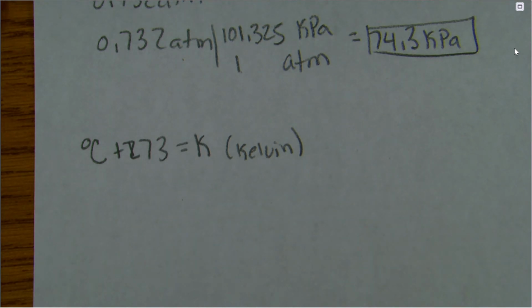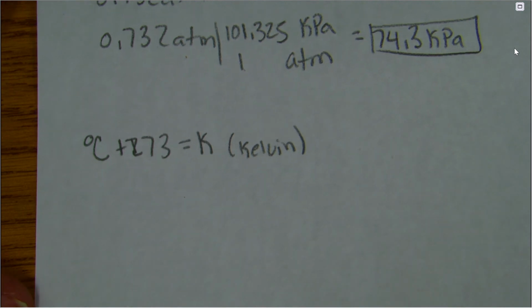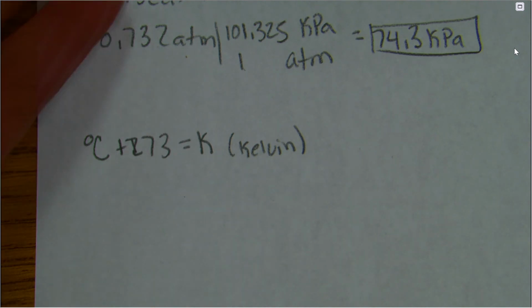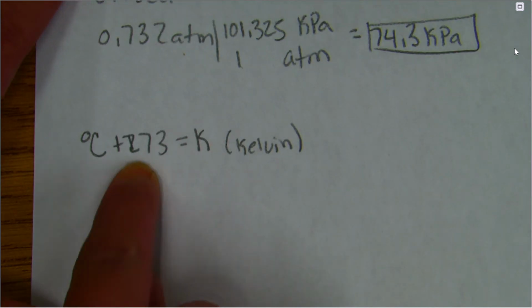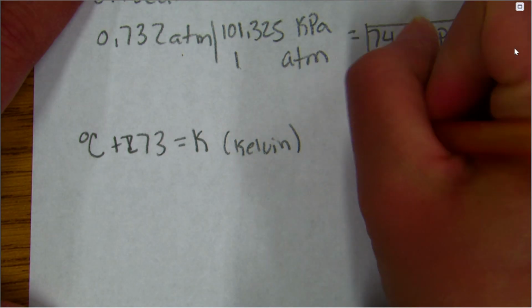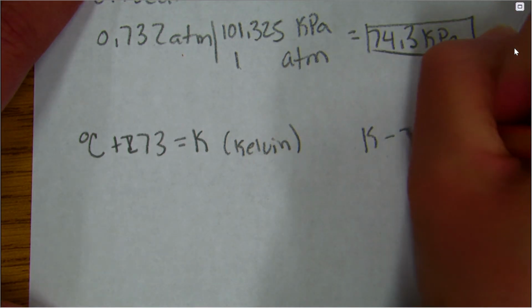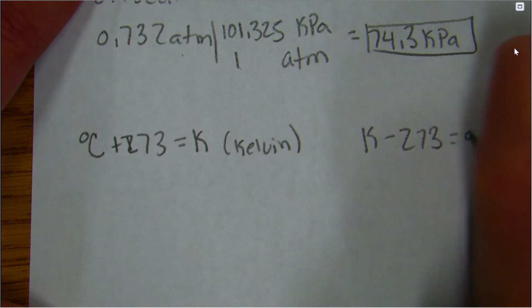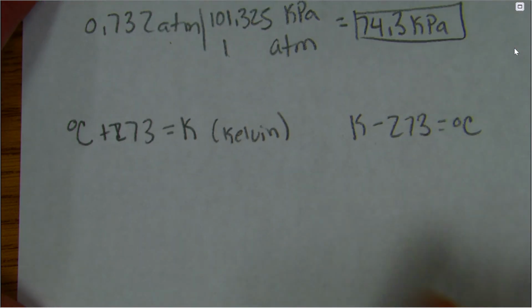Okay, so there's no temperature that will ever go below 0. And the reason we measure in Kelvin is because if we were to adjust our graph, we would see by doing Kelvin, it gives us a linear relationship, and it makes our math a lot nicer and a lot easier. So if you're given degrees Celsius to convert into Kelvin, you will simply add 273. If you're given Kelvin and you're asked to find degrees Celsius, you will simply subtract 273.